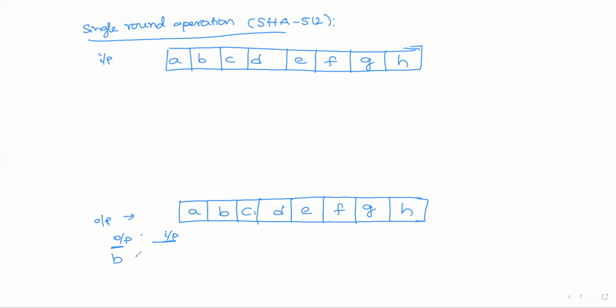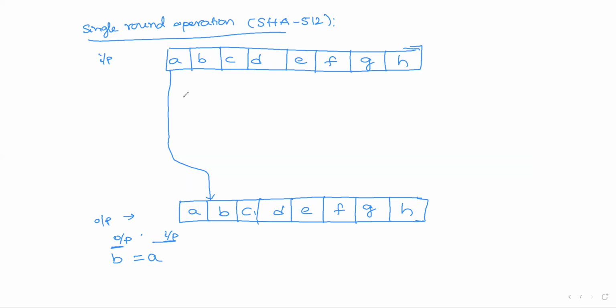Okay. So for this, what will we take? We take directly the data that we have in buffer A. See what I am doing. B we assign with the data.